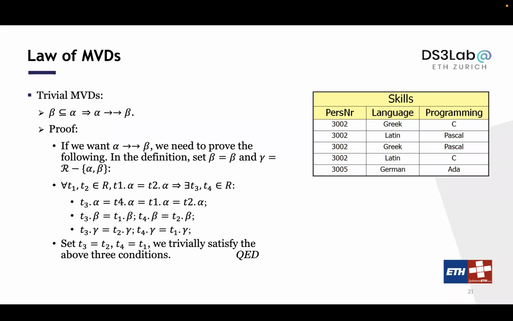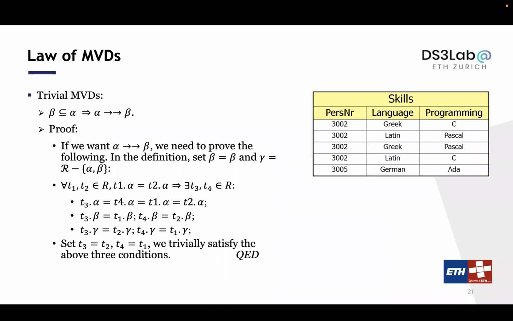So in this case, if you set T3 equal to T2 and T4 equal to T1, you pretty much get what you need. Why? Because beta is a subset of alpha. Because they all share value on alpha, no matter how you pick T3 and T4, they will share the value on beta.